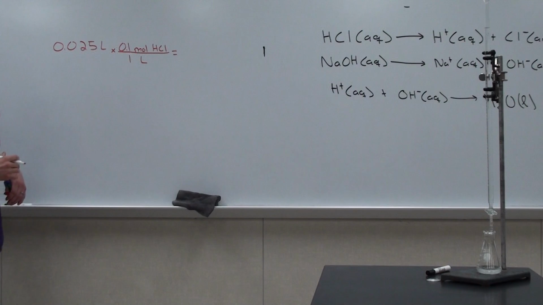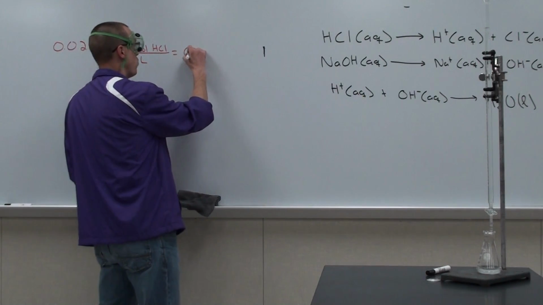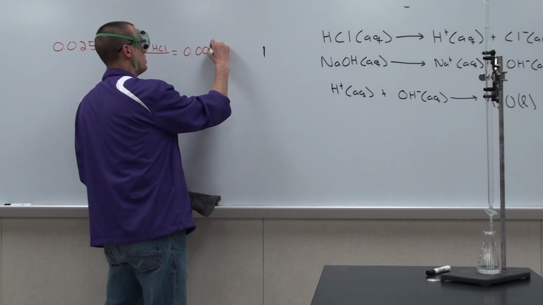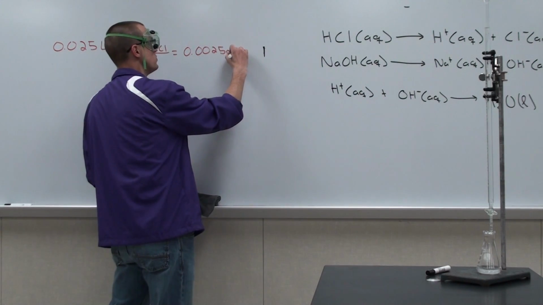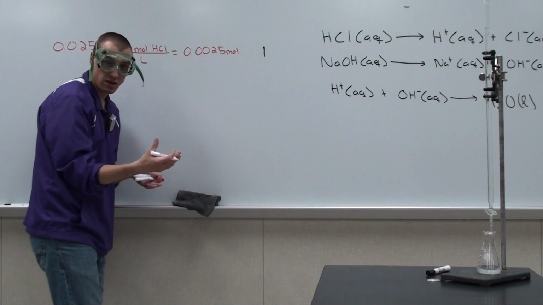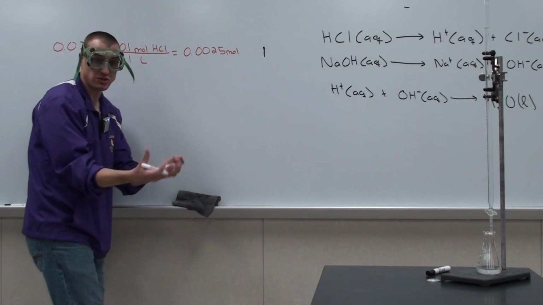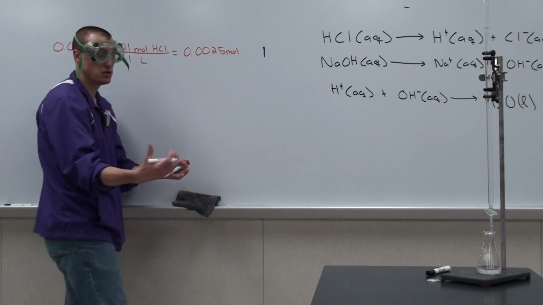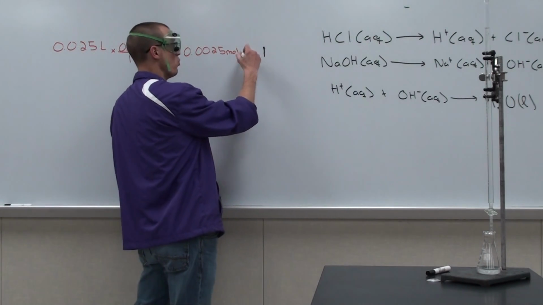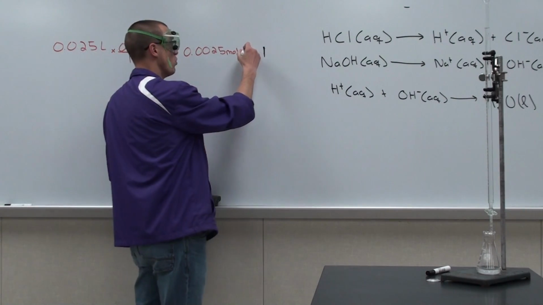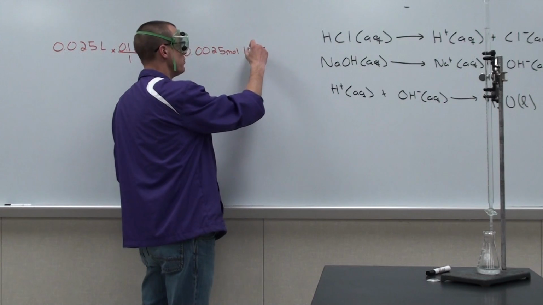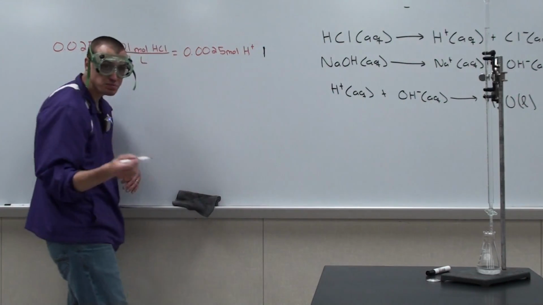If we punch this into our calculator, we end up with 0.0025 moles of HCl. Ultimately, because HCl is a strong acid and it completely dissociates, we end up with 0.0025 moles of H plus.